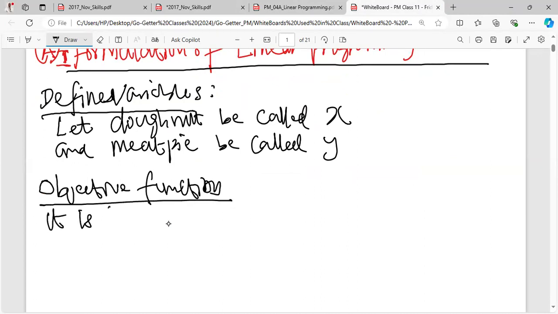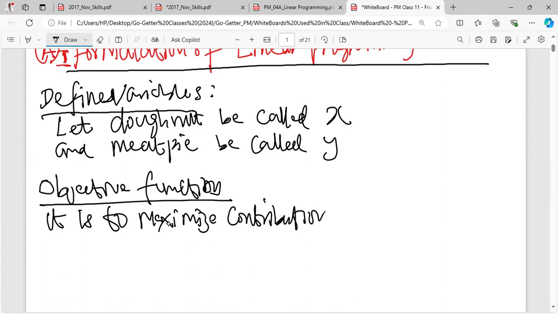It is to maximize contribution. Our contribution is C. So how do you maximize contribution?